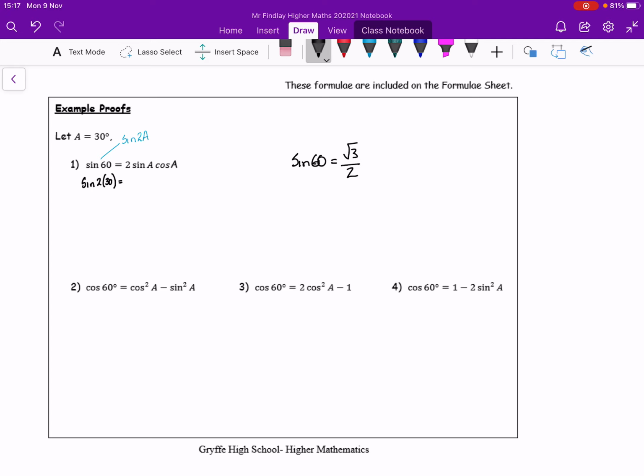With A being 30, we have 2 sin 30 cos 30, which is 2 lots of a half times root 3 over 2. Multiply numerators gives me 2 root 3. Denominator is 2 times 2, which is 4, which simplifies to root 3 over 2. So that is correct when compared with sin 60.